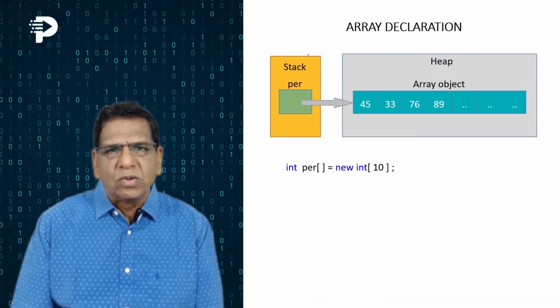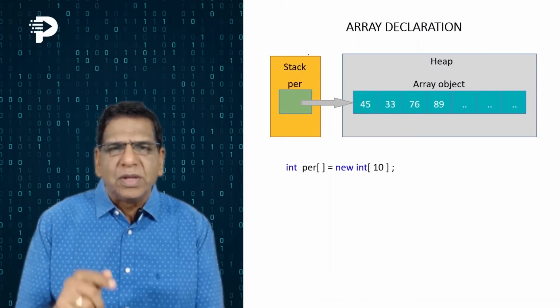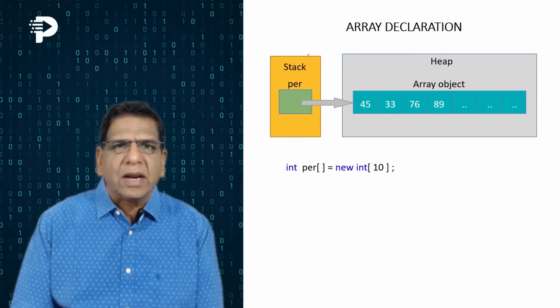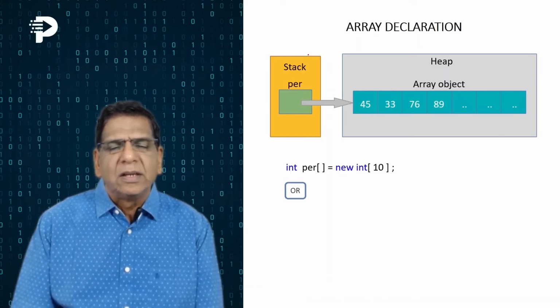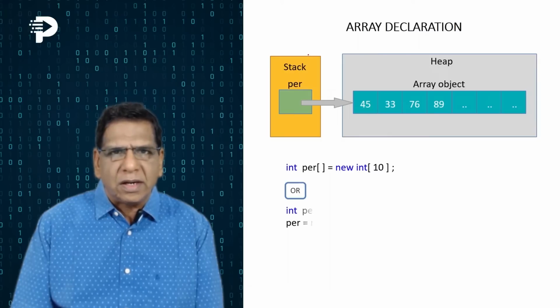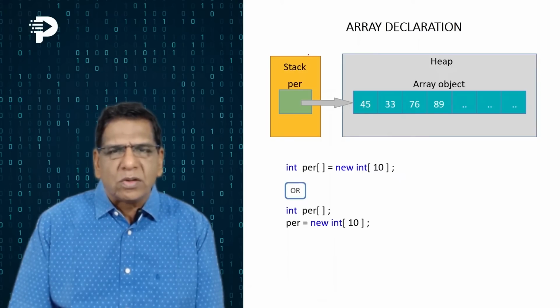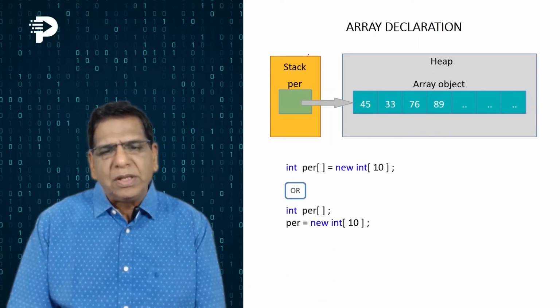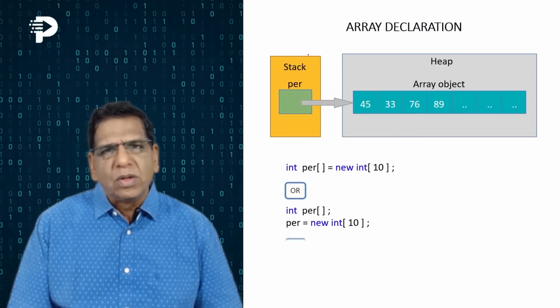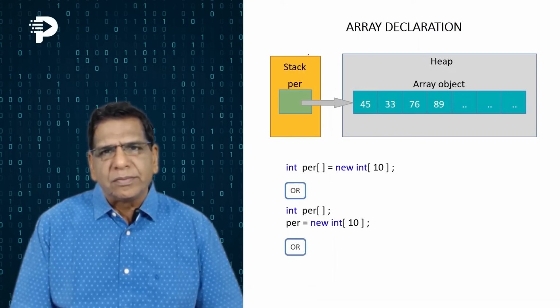Alternatively, I can also do the declaration by first merely saying int PER bracket and then in a fresh line saying PER equal to new int 10. Not only that, I could also achieve the same result by saying int bracket PER and then PER equal to new int 10.